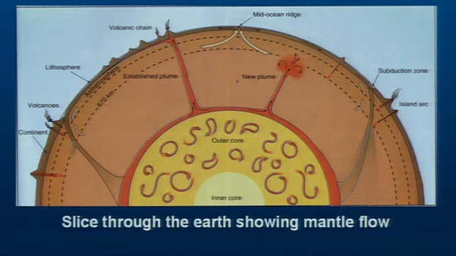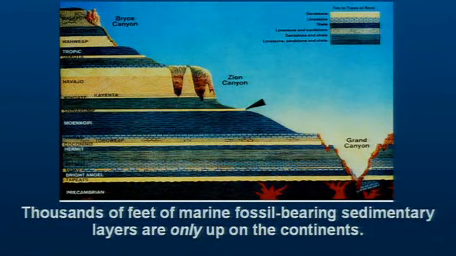And so you've got this circulation of material inside the mantle. Now, in conventional thinking, that is a slow and gradual process. But we're going to see that it's impossible to produce what we see on the continents today unless it was a catastrophic process.